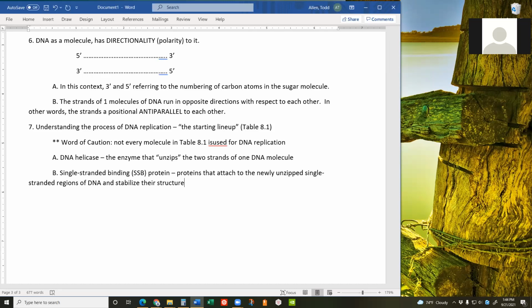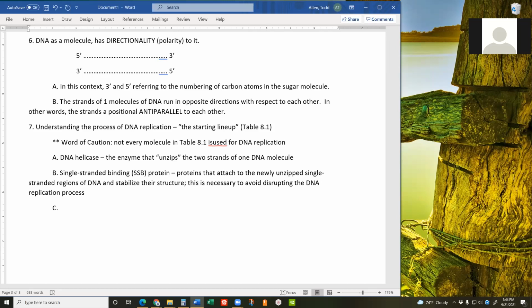The purpose of the single strand binding proteins is to keep the single strands single-stranded so that we don't prevent DNA replication from occurring. All right. So that's single-stranded binding proteins.